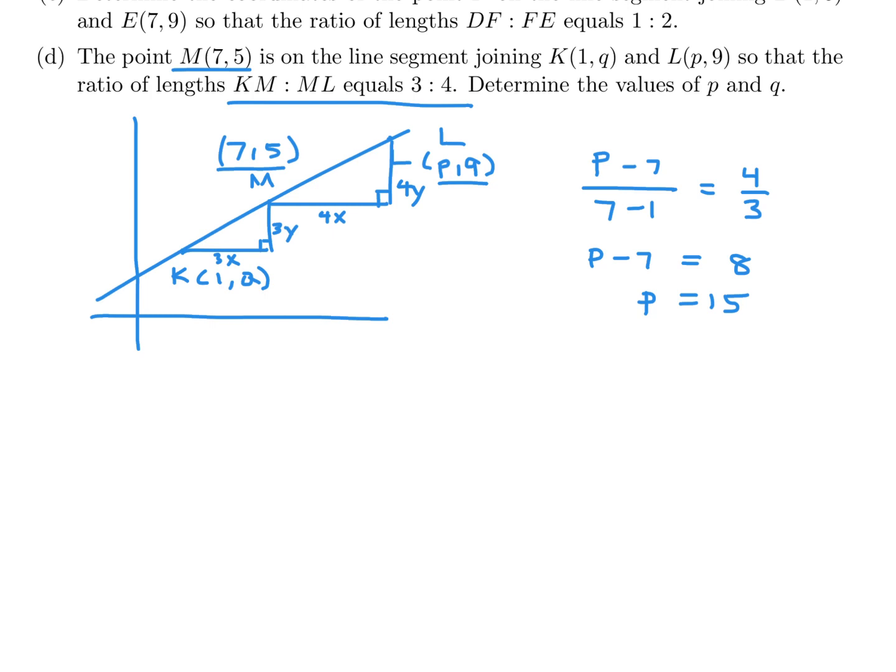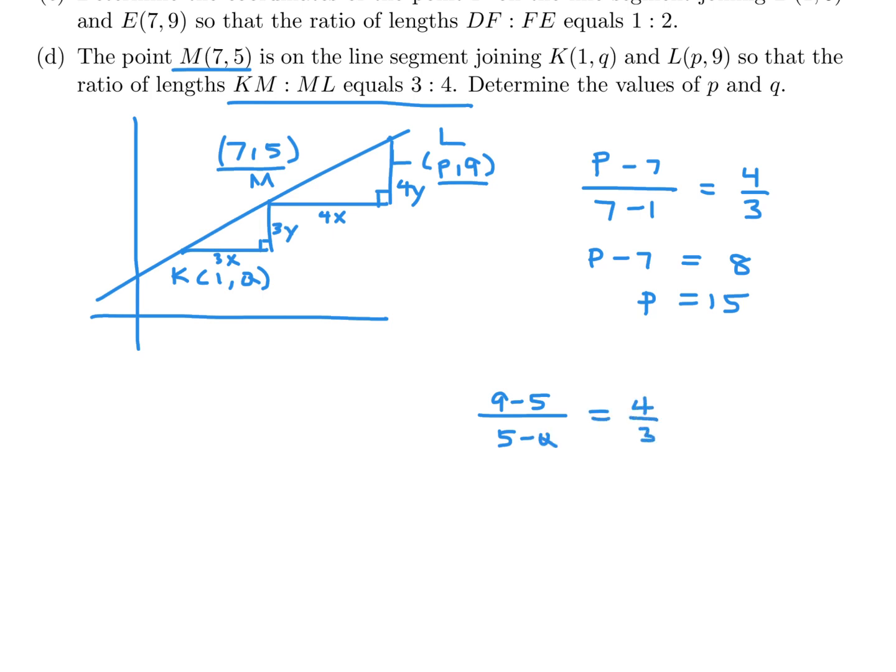And then by the same principle, you can figure out Q. So it'll be Q minus 5 over 5. Hold on, let me think about this. Actually, I think I'm doing it the wrong way. 9 minus 5 over 5 minus Q. That's probably the proper way, is 4 over 3.